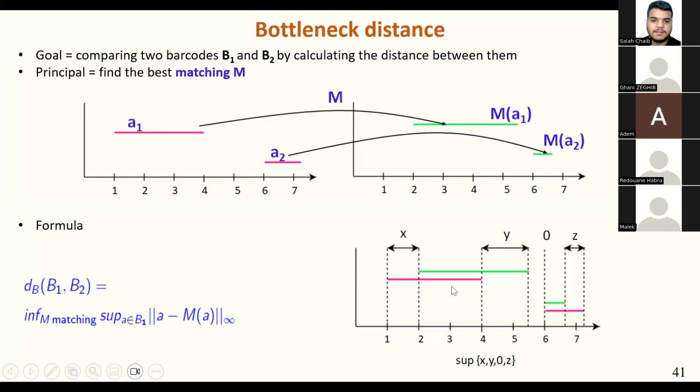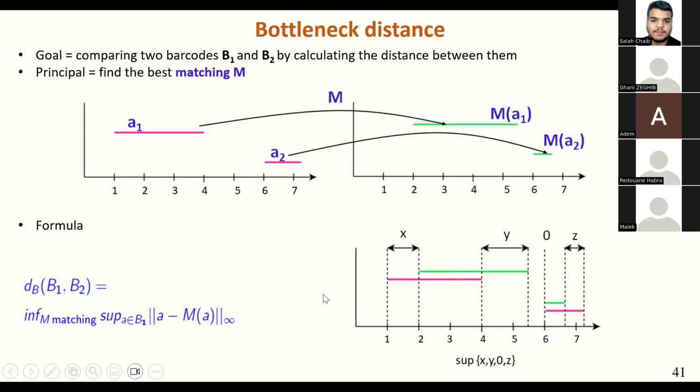and we will take the maximum between the differences. So here we have the maximum between x, y, z and 0, because the two matched intervals both begin at the same point. And we take the maximal value between them. So basically, this is what the formula means.